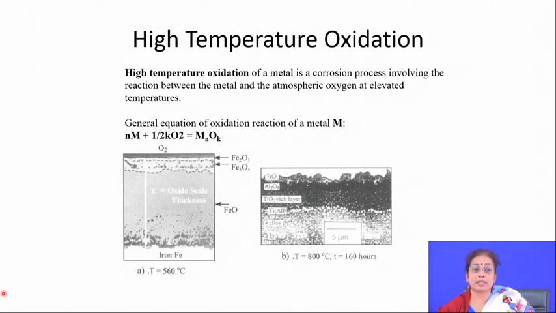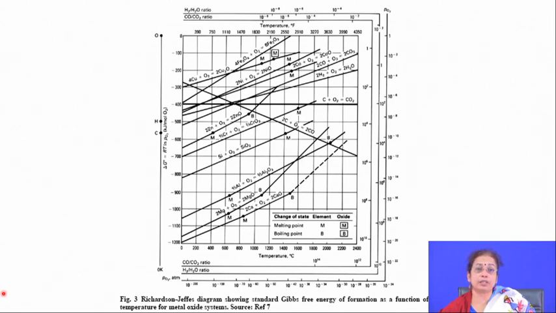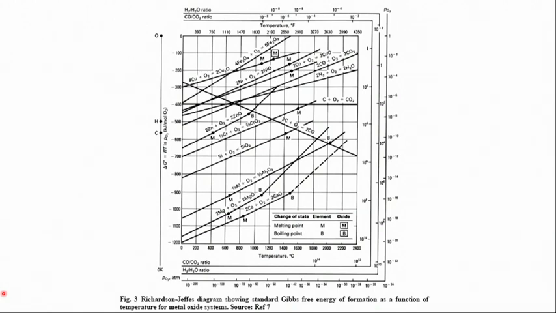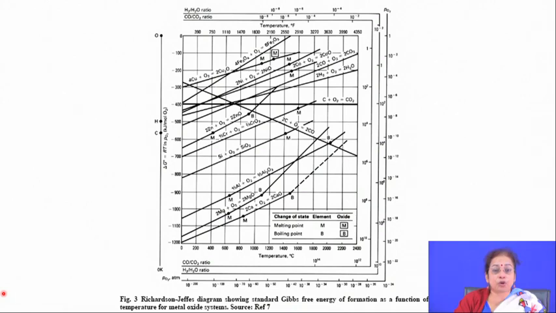Initiation of oxidation depends on the free energy of formation of the oxide of different alloy systems, which is documented in the Ellingham diagram, where the free energy change associated with oxide formation is plotted as a function of temperature and different environments.